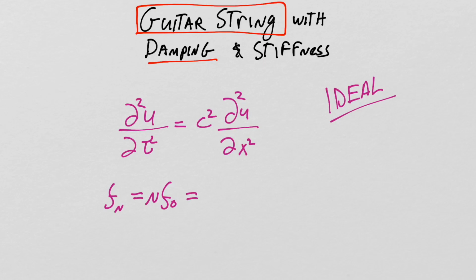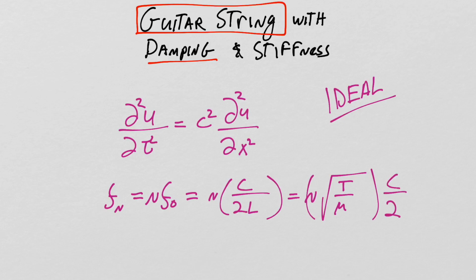And that fundamental frequency is the speed of sound on the string divided by twice the length of the string, which we can understand to be related to the square root of the tension divided by the mass density, times C over 1 over 2L. And this N here is the harmonic we're interested in. So for the fundamental mode, it's N equals 1, and for all the other modes, it's the second harmonic, N equals 2, et cetera. And so that is what the ideal string is all about.